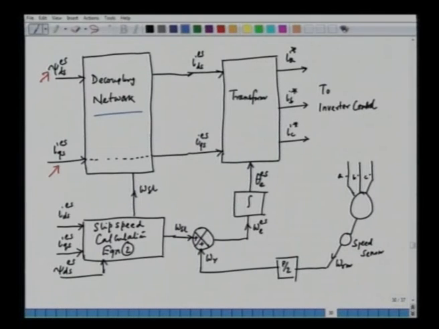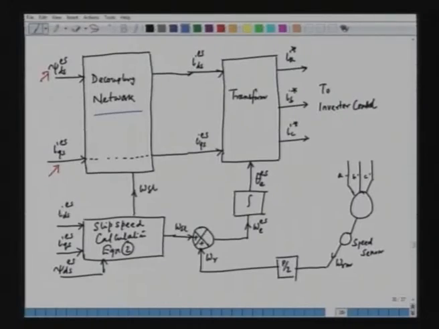So, we have to have a very fast online processing of all the signals. We have to have a digital processor to process the signal in real time, so that this can be over so quickly that the control is implemented within a short time. So, this is about the stator flux oriented vector control, which requires a decoupling network.